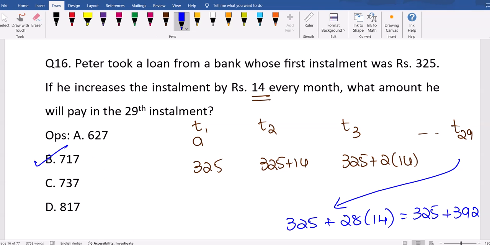So 717 is your answer. This is the 29th term. You need to calculate it using AP, arithmetic progressions.